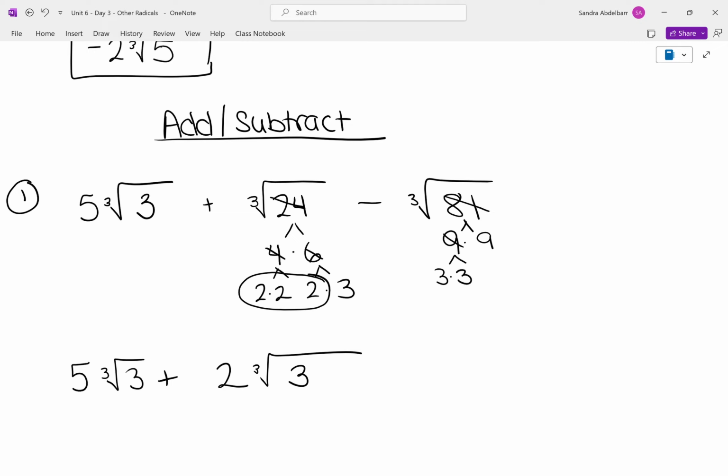And now 81, I can break it down into 9 and 9. 9 becomes 3 and 3. 9 again becomes 3 and 3. I have my triplet. I'm going to pull 1, 3 to the outside of the radical, and we're going to leave 1, 3 inside the radical.